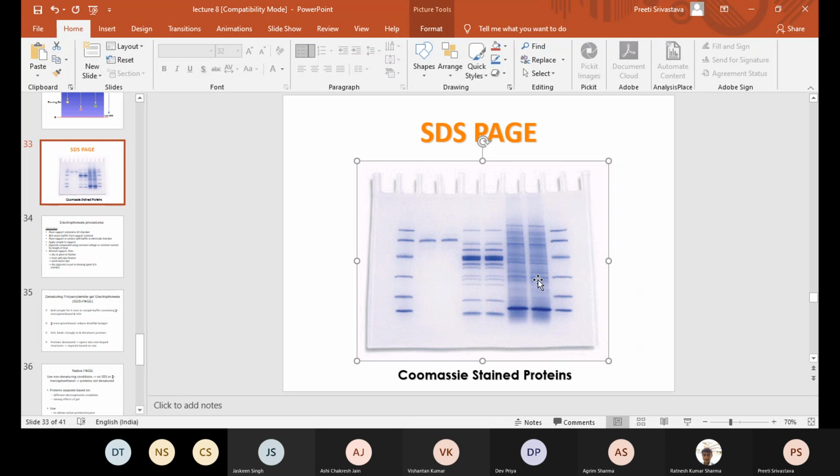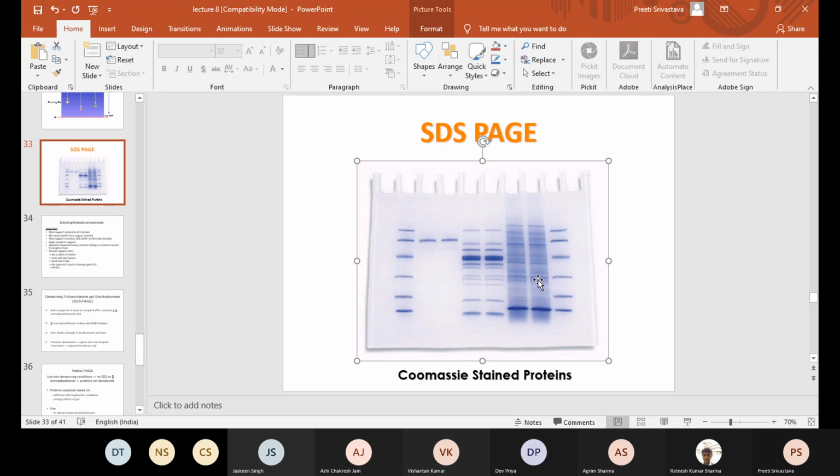The staining solution is Coomassie Brilliant Blue, which is put in a glass tray. You immerse the gel in the tray and put it on a rocker for 30 minutes to 1 hour. This dye can be reused a number of times. If it's freshly prepared dye, 1 hour is good enough for staining.